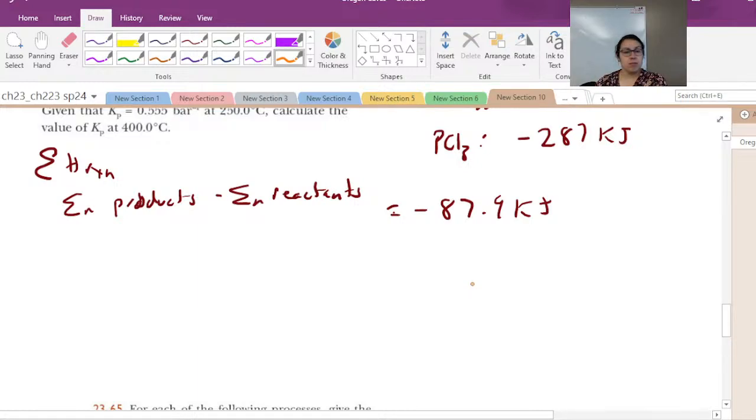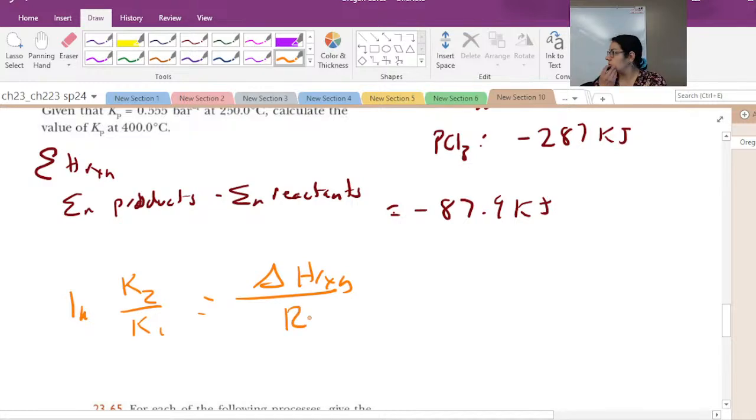I think you would be able to use the relationship of natural log of K equals the change in enthalpy over gas constant times 1 over temperature plus entropy. And in this case, because there's not really any change in conditions, entropy just goes to 0. But I'm not sure if that would be the most effective way.